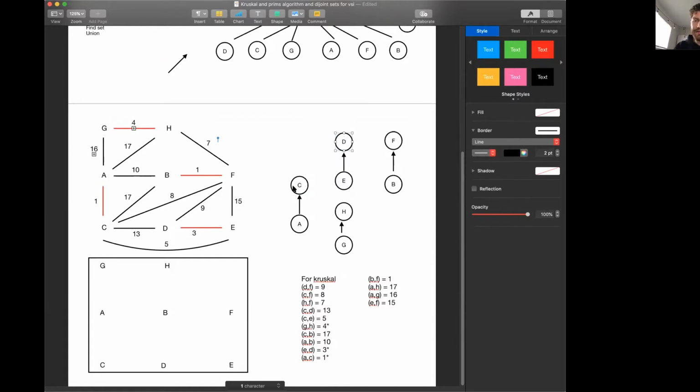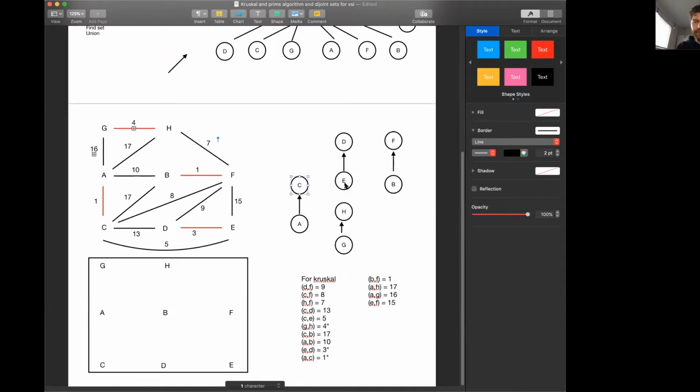Again, I'm going to run through this again. Find set on C should give me C, because C is the root of this disjoint set. So when I call find set on it, it should give me that root.